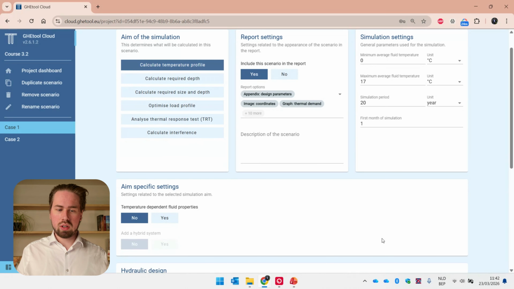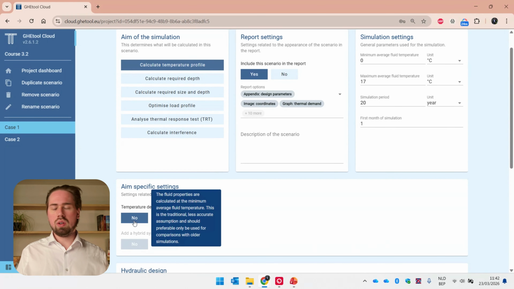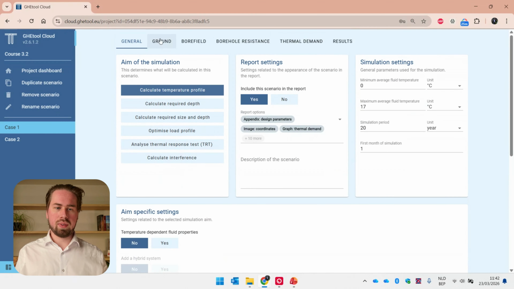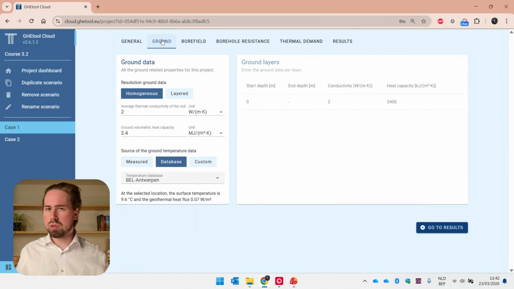So just to start, as we had in the last chapter of the second part, we don't use any temperature-dependent fluid properties for the moment. Again, if you want to create this example yourself, all the information is at the bottom of the chapter on our website.